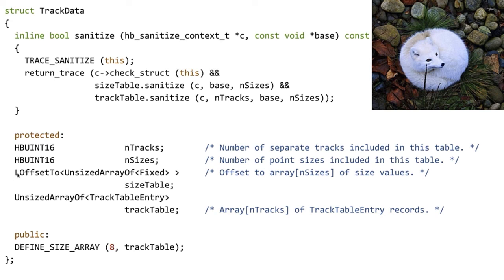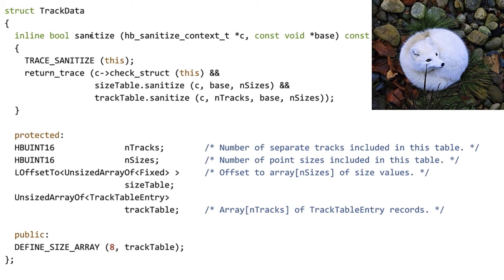So a 32-bit offset to data of type unsized array of Fixed numbers. Fixed is also defined as a specific number type in OpenType. And then this offset is followed by an unsized array of the TrackTableEntry. TrackTableEntry is another data structure like this one. An unsized array means that the length of the array is not stored with it, obviously because for this one it's stored here, and for the size table it's stored here.